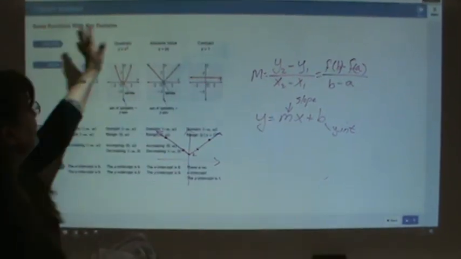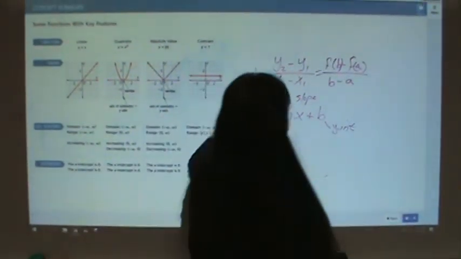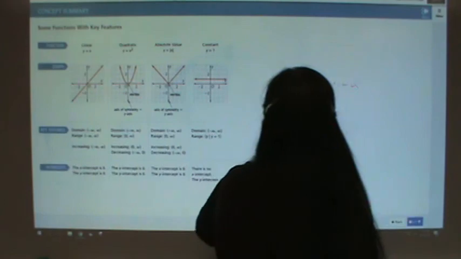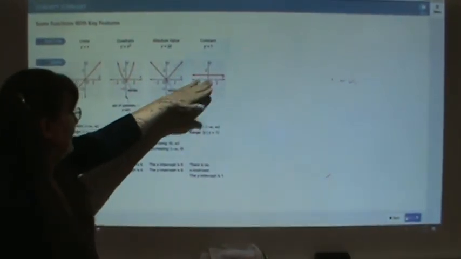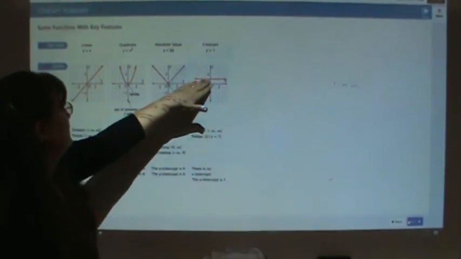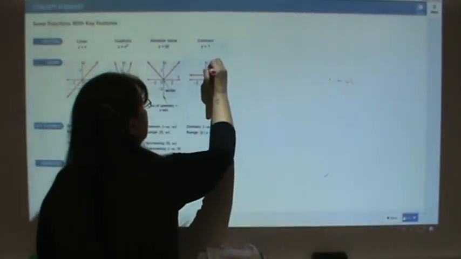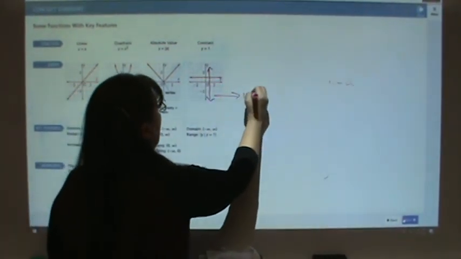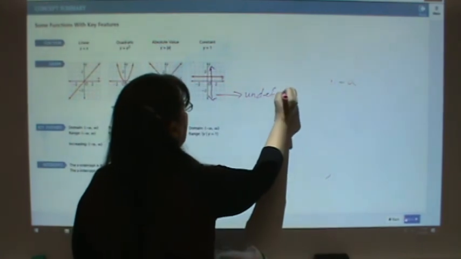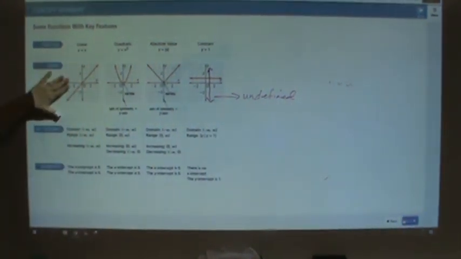All right, these are the key features that we learned today. You'll notice here that y equals 1, so it has a slope of 0. If you have something that looks like this, the slope would be undefined. All right, this has a slope.